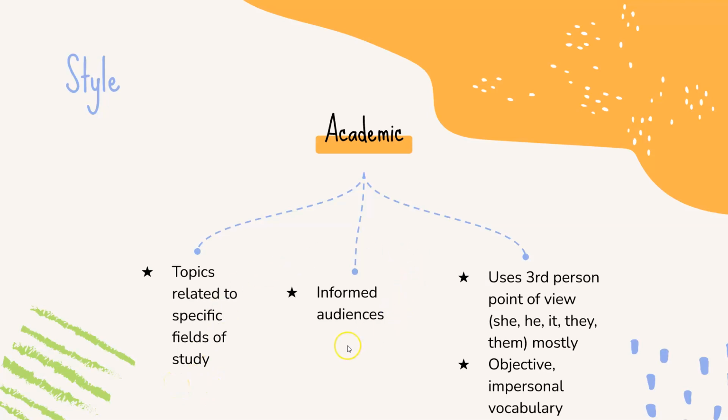Our audience is informed, so we don't have to spend a great deal of time providing, for example, background information. And then typically the point of view is third person, so he, she, it, they, them, mostly avoiding first and second person points of view, again with an objective, impersonal tone or vocabulary choice.